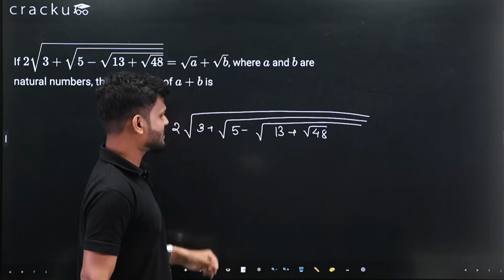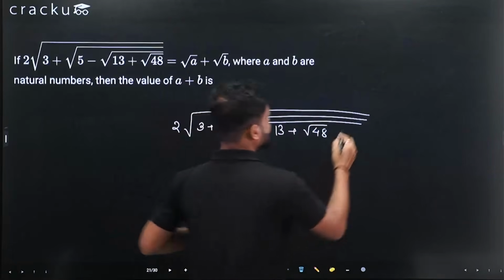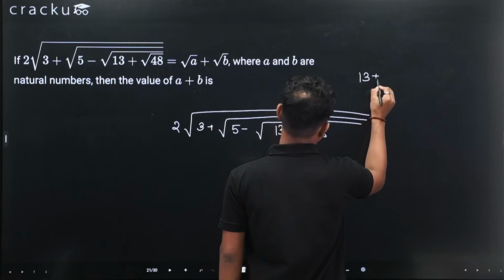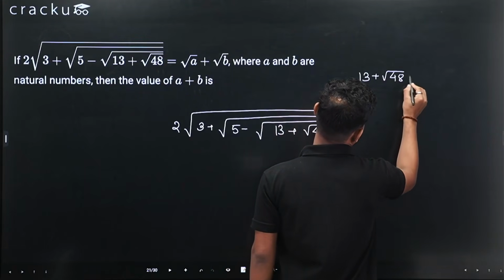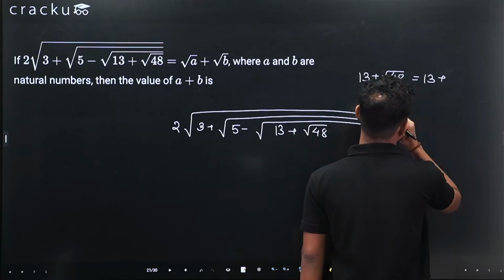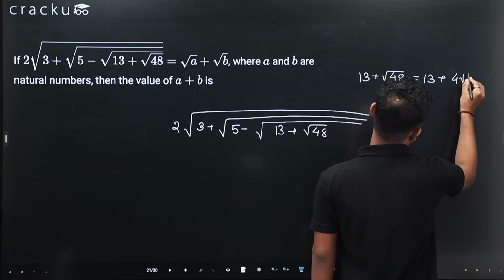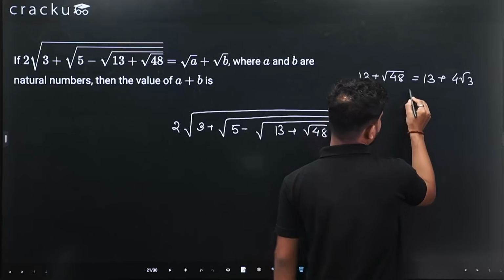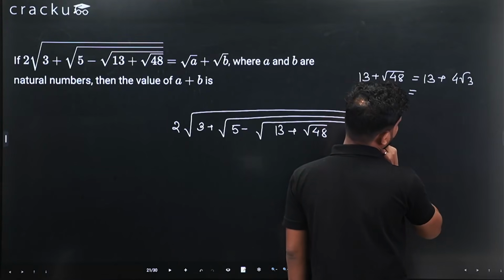Now what is this? You can write 13 plus under root 48 as 13 plus, if you take 16 common, it will be 4 root 3, right? If it is 4 root 3, what you can do?